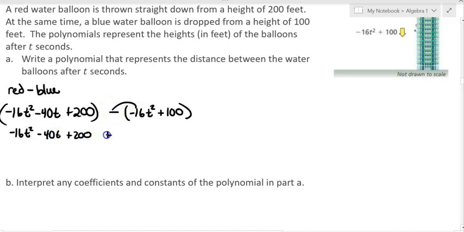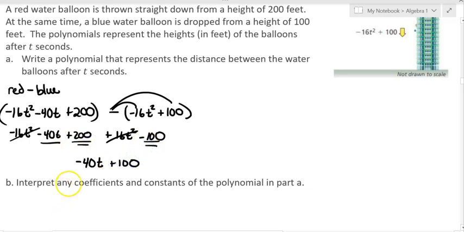So you're going to add 16t squared and then subtract 100. It changes all the signs. So the 16t squareds will cancel out because negative 16t squared plus 16t squared makes 0. Then you still have negative 40t, and then 200 minus 100 is 100.